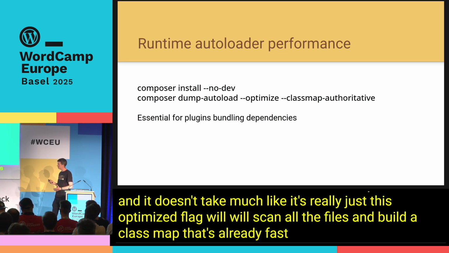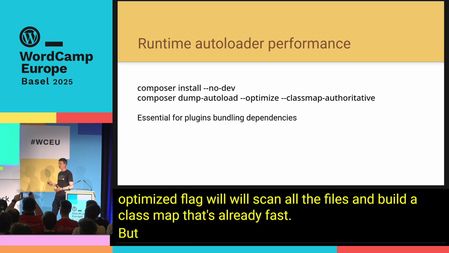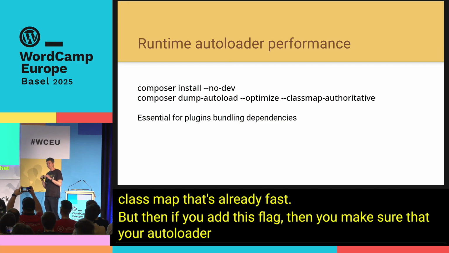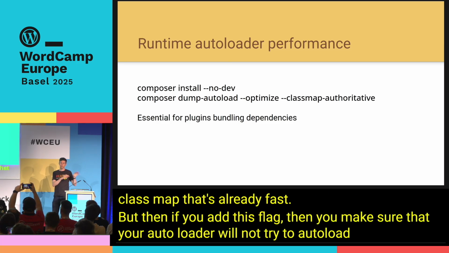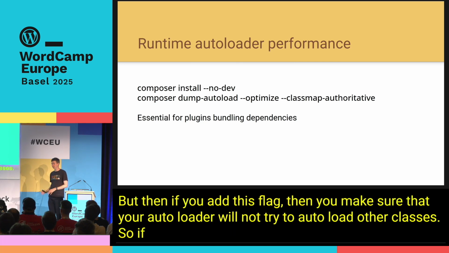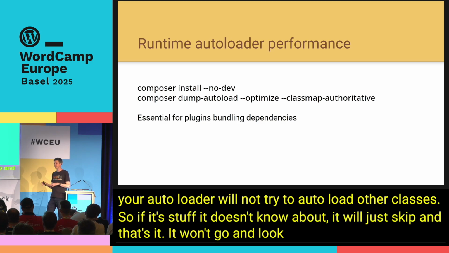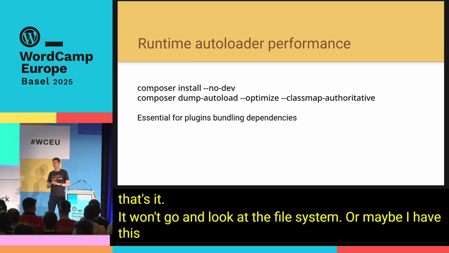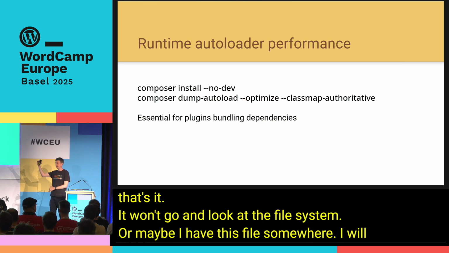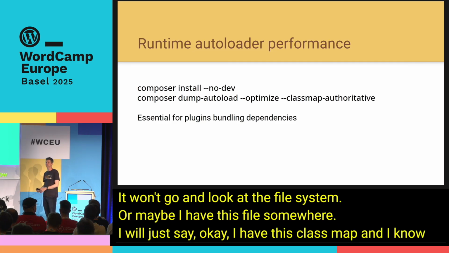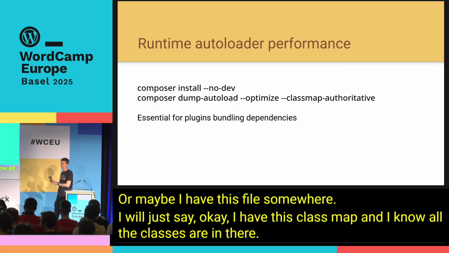But then if you add this other flag, you make sure that your autoloader will not try to autoload other classes. So if it's something it doesn't know about, it will just skip it. It won't go and look at the file system for this file somewhere. It will just say, okay, I have this class map and I know all the classes are in there. And if it's not there, it's not my problem.